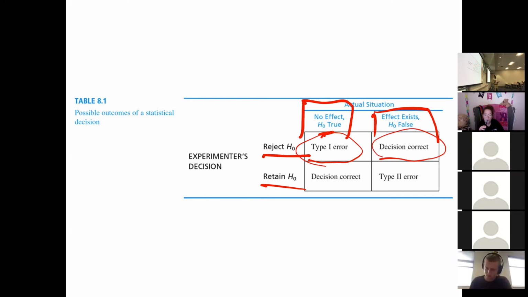When we retain the null hypothesis, and we should, in fact, retain the null hypothesis, that's another correct decision. And when we retain the null hypothesis, or fail to reject the null hypothesis, when we should have rejected the null hypothesis, that's a type 2 error.